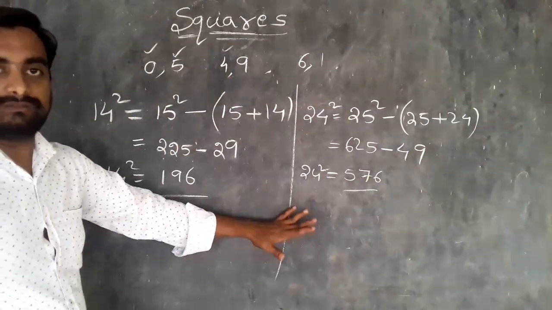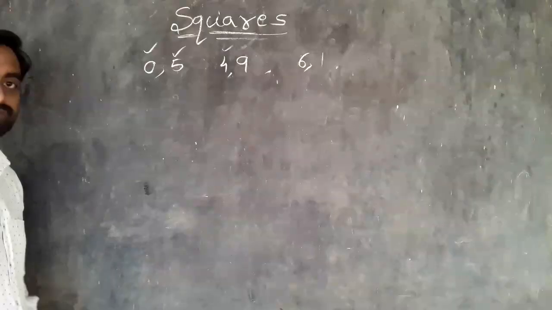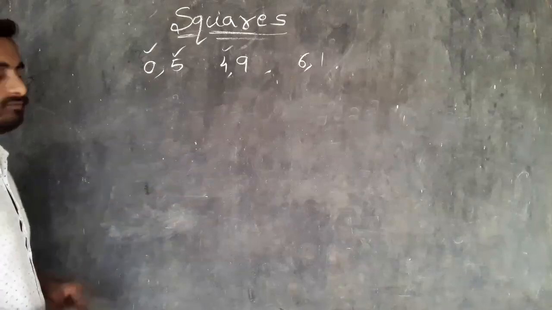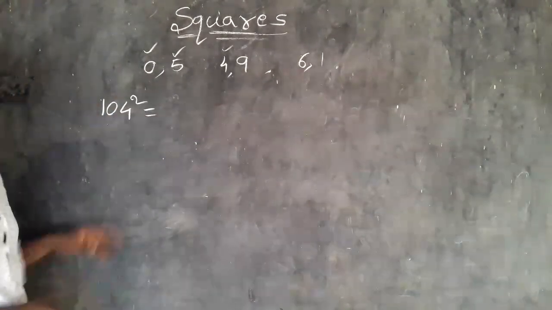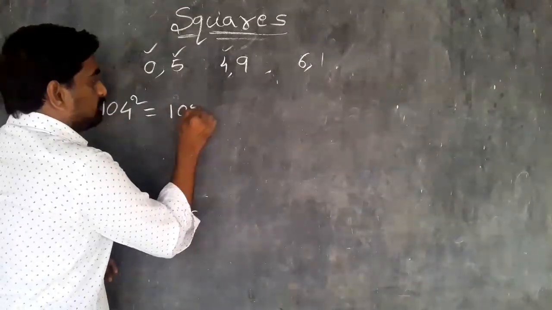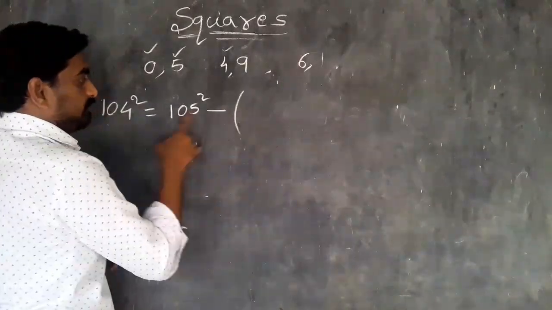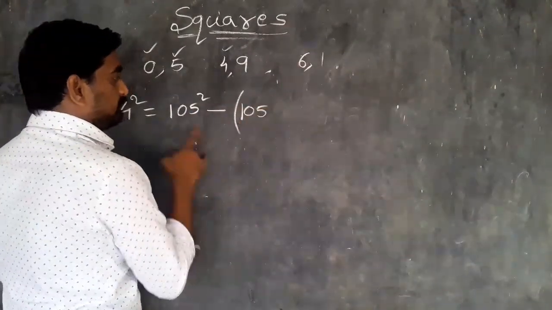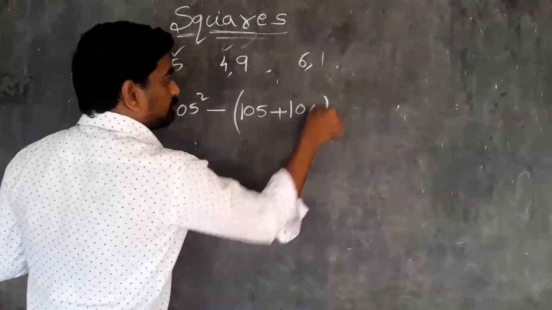Okay friends, in the same way, we also see a triple digit number. Now we see a triple digit 4 ending number, 104 square. For 104 square, the nearest 5 ending number is 105. So 105 square is a big number, so I subtract 105 plus 104.